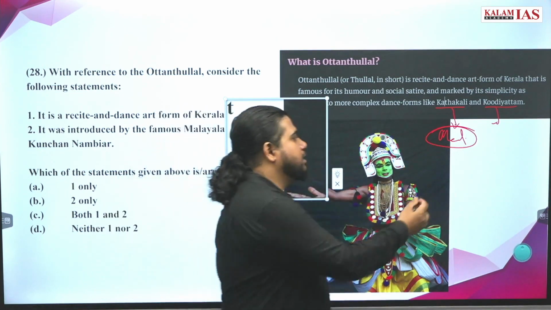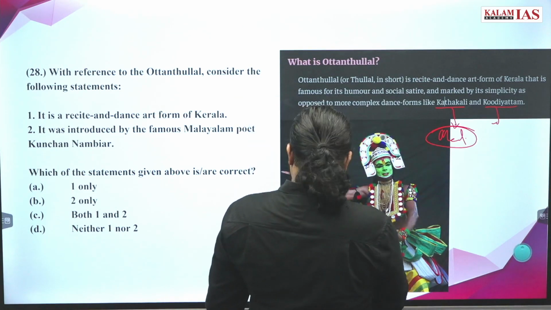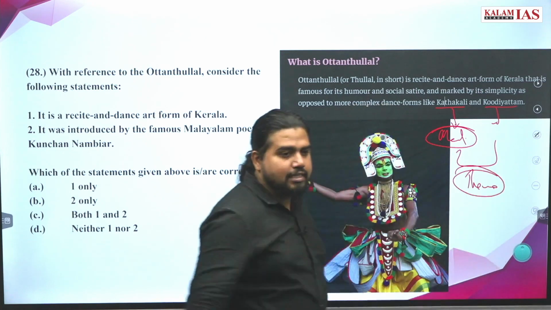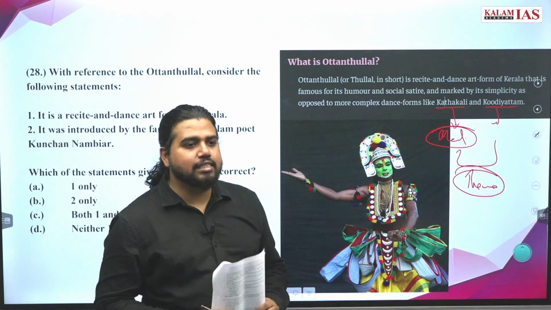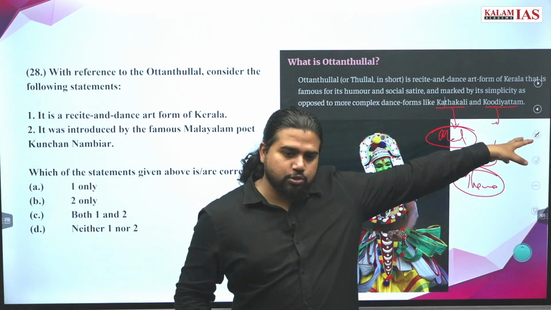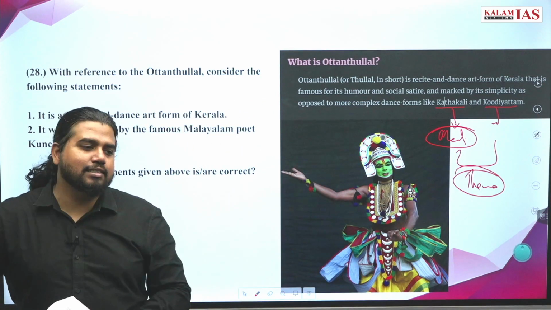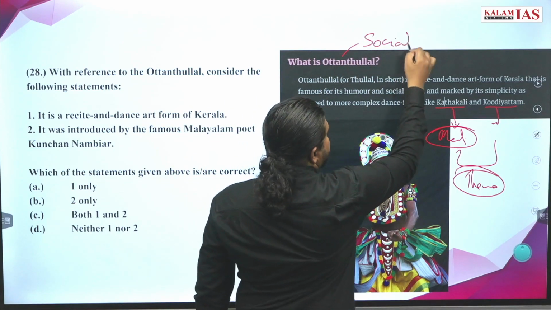But here also the theme, in both these cases, is religious themes from the Mahabharata, from the Ramayana, the life of Ram. All these religious, Hindu mythological themes are used in Kathakali as well as Kudiyattam. Now this Ottantullal is something like a social satire. What does that mean?